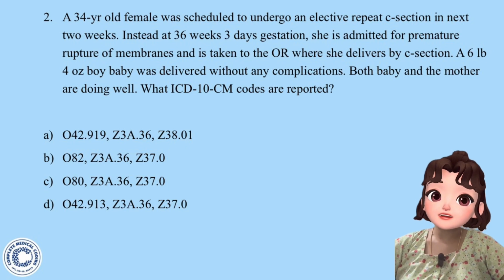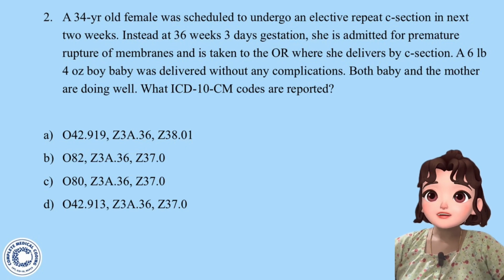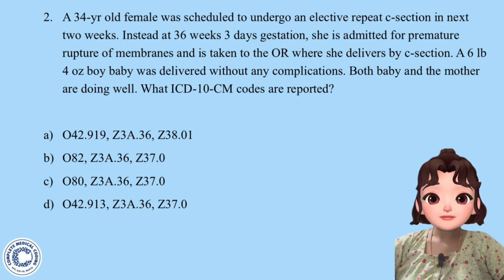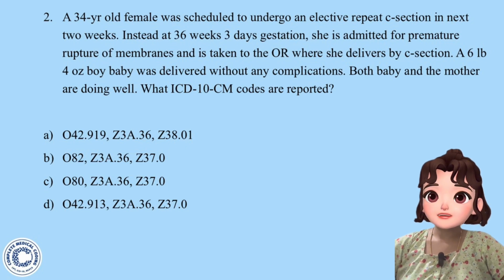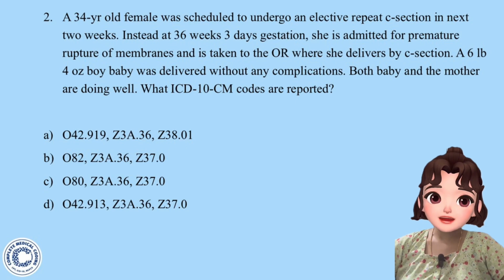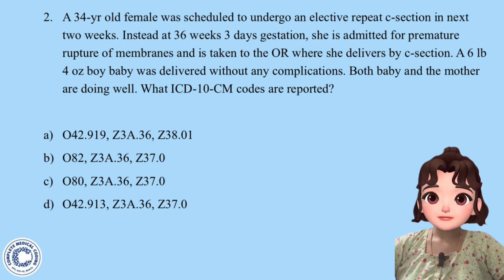It was scheduled in the next 2 weeks, but unfortunately at 36 weeks and 3 days, she had a premature rupture of membranes and was taken to the operating room, where she delivered through C-section a boy baby weighing 6 lb 4 ounce, without any complications. Both are having no complications.